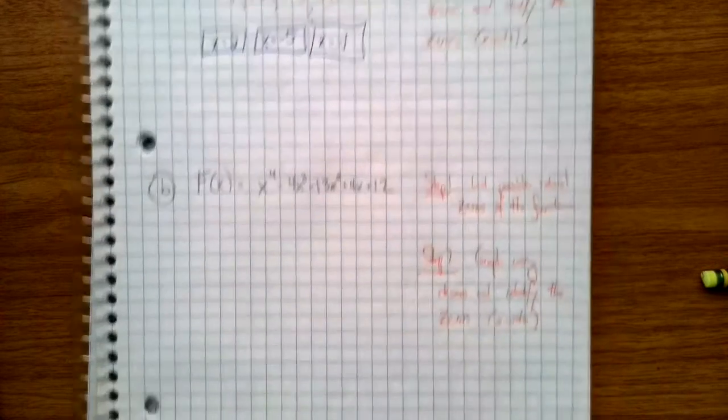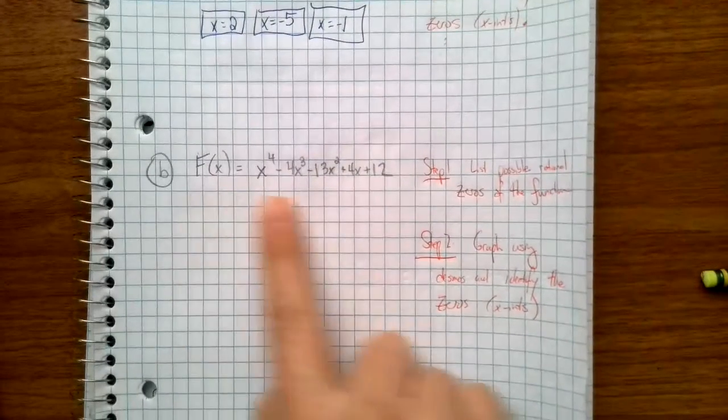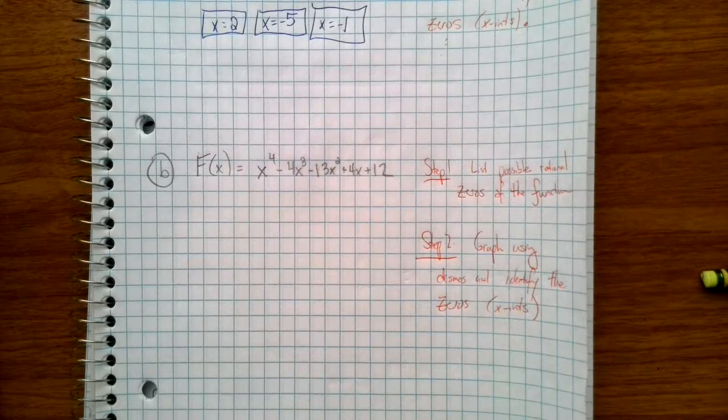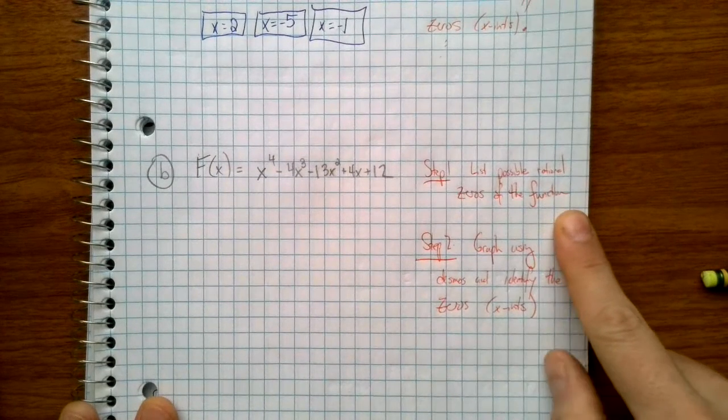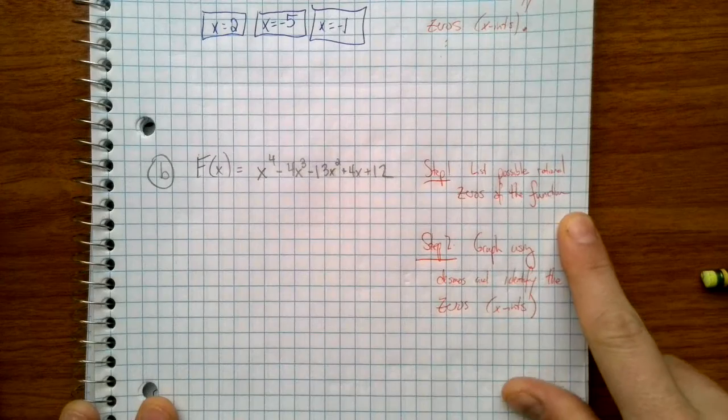Just to do one more example here, we're being asked to take this function f of x and find all of the rational zeros, or all of the places where this function crosses the x-axis. So our first step is to list the possible rational zeros of the function.